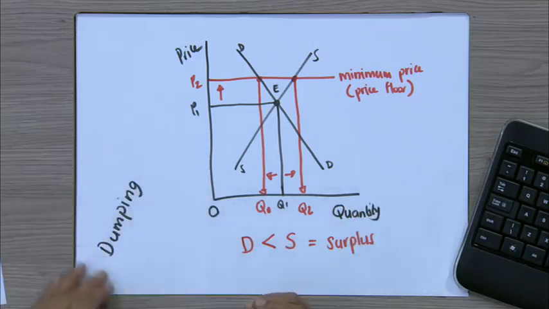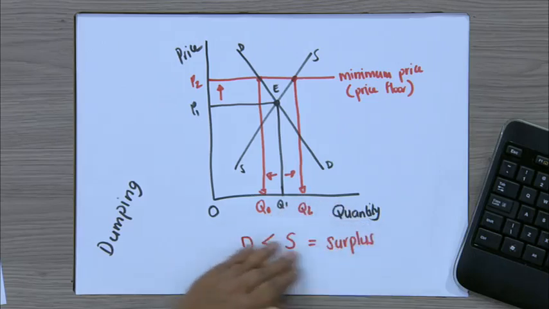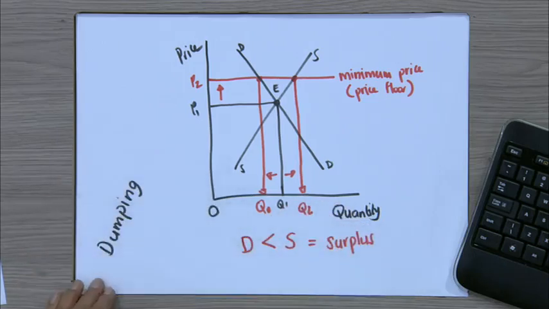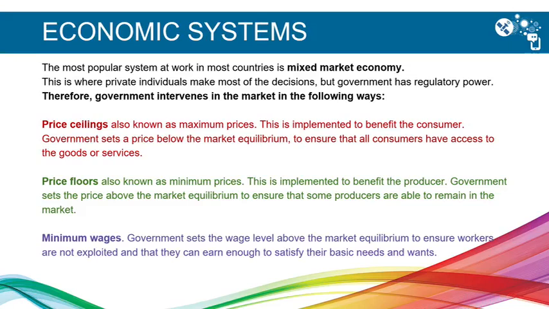So this is one of the ways you can get rid of your surplus, is to take your excess products and dump them onto a foreign market, right? So price floors, also known as minimum prices, are implemented to benefit the producer. Government sets the price above the market equilibrium to ensure that some producers are able to remain in the market. So let's just have a look at these two side by side here.